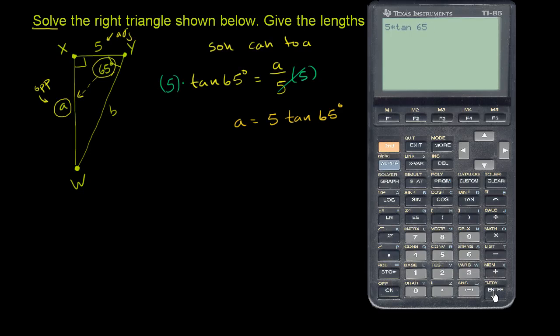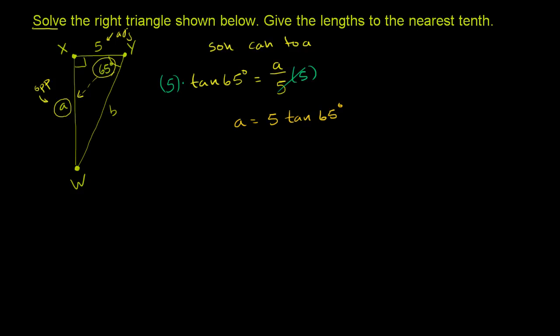And if I round to the nearest tenth, like they asked me to, I get 10.7. So A is approximately equal to 10.7. I say approximately because I rounded it. This is not the exact number. So we now know that this has length 10.7 approximately.